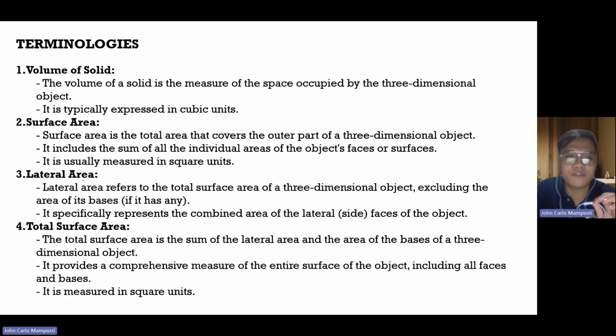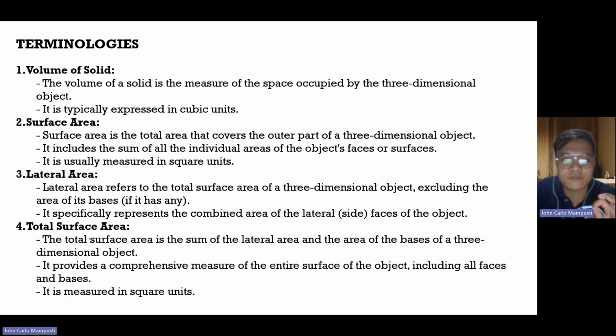Next one, we have the lateral area. Take note, this is different doon sa ating total surface area. Lateral area refers to the total surface area of a three-dimensional object, excluding the area of its bases. So basically, yung side lang yun, yung lateral or yung side lang nung mismong solid natin. Next one, we have the total surface area.